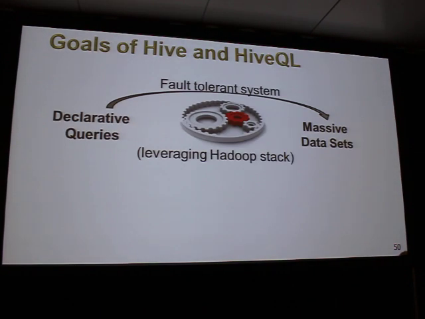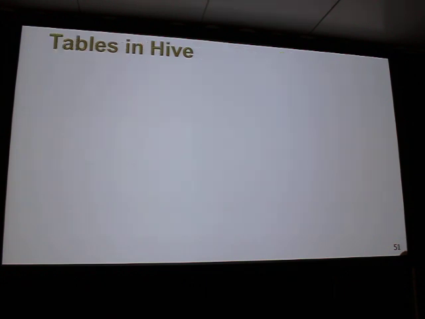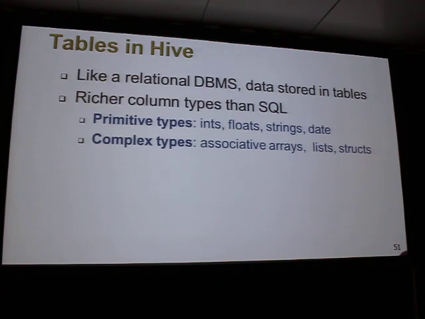So what is the goal here? The goal is to use a declarative language to navigate over these massive data sets, leveraging the Hadoop stack, still working on Hive, but leveraging it on MapReduce. So it does introduce the concept of a table. Ta-da!